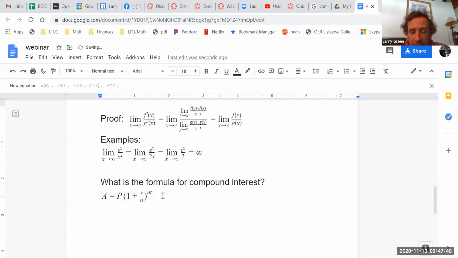Does that ring a bell, at least to some of you? It's a really important formula. It comes up a lot, in all kinds of places.